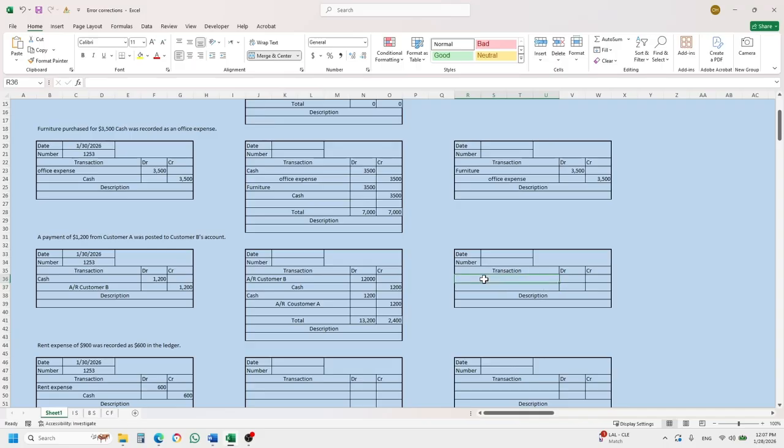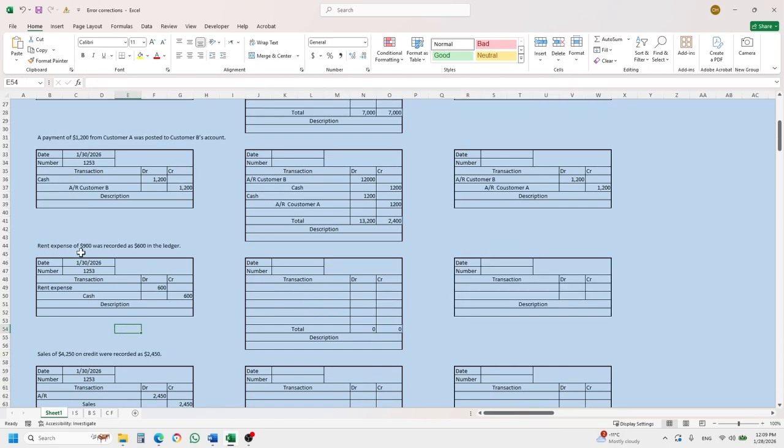So here we're going to bring customer B, and here we're going to bring customer A, 1200, 1200. Now we have corrected this error.